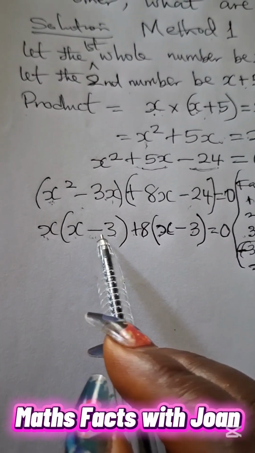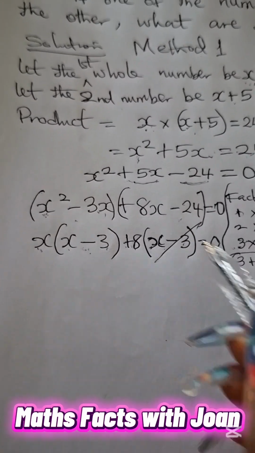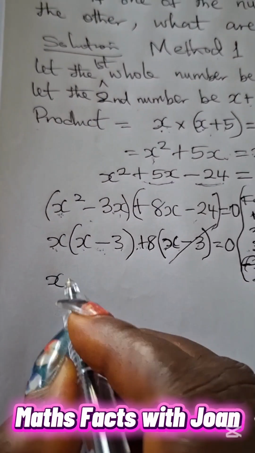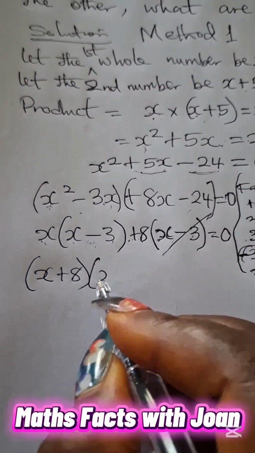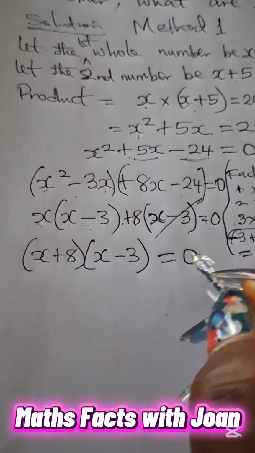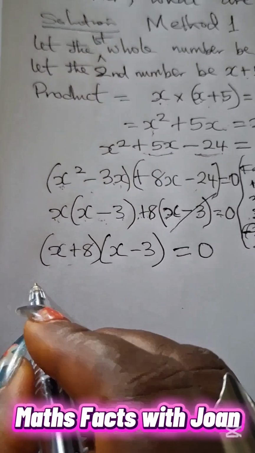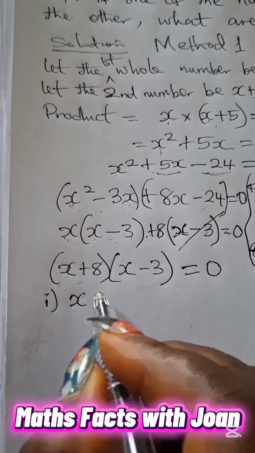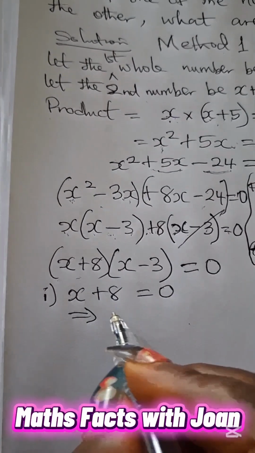So x minus 3 is common. We cancel out 1. We'll now have x plus 8 in brackets, and then the x minus 3 in brackets again, equal to 0. At this point, we'll have to separate them to get our first answer. Using x plus 8 equal to 0, what does it imply?